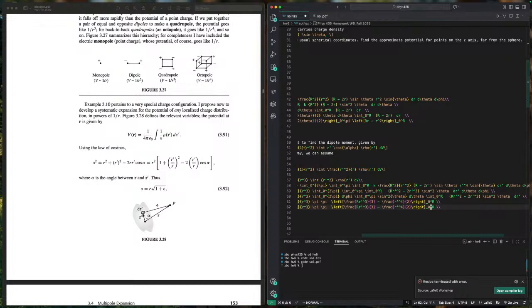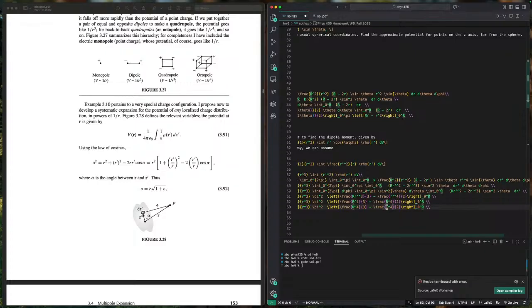Okay, and then we finish this evaluation. First of all, we just turn this into pi squared. Okay, so this just becomes r to the 4th minus r to the 4th. So we get r to the 4th over 6.